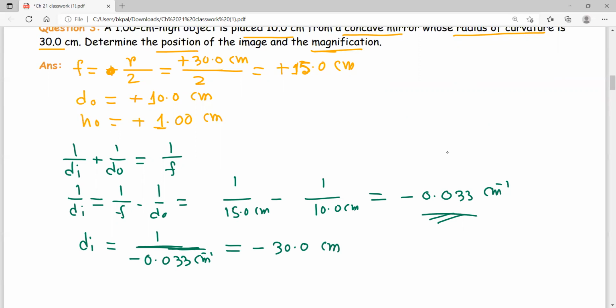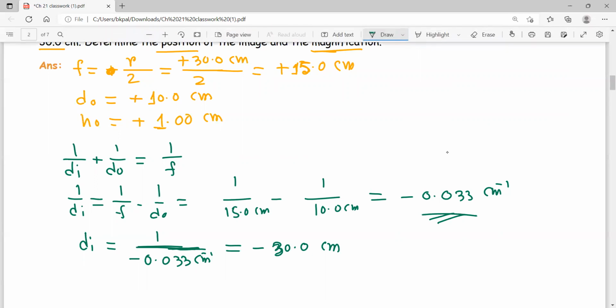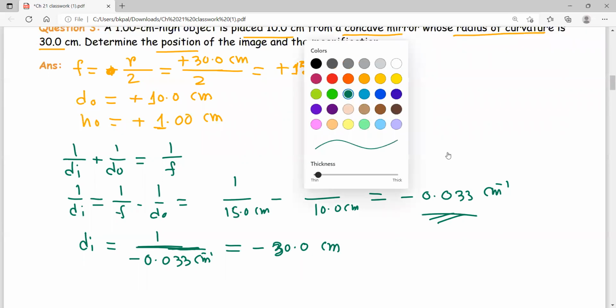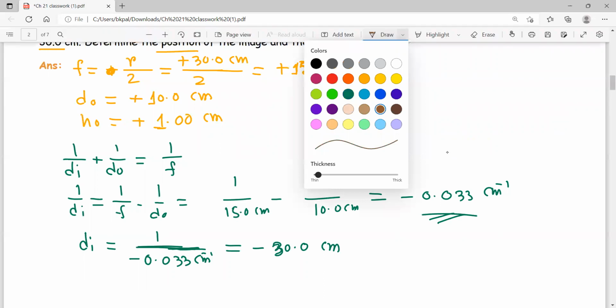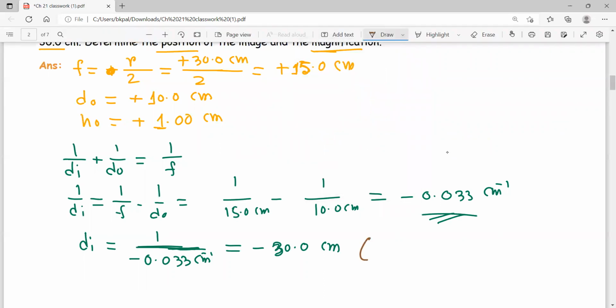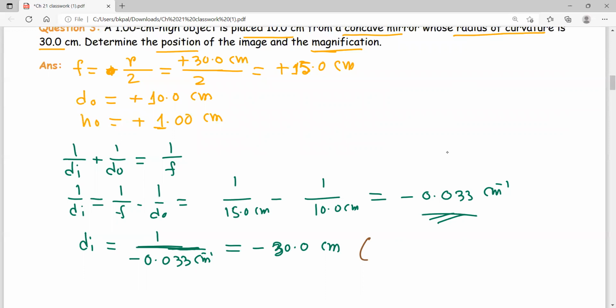Here you see that you get a negative sign for the image distance, and that tells us that the image is on the other side of the mirror. That means the image is virtual, and a virtual image is always upright.